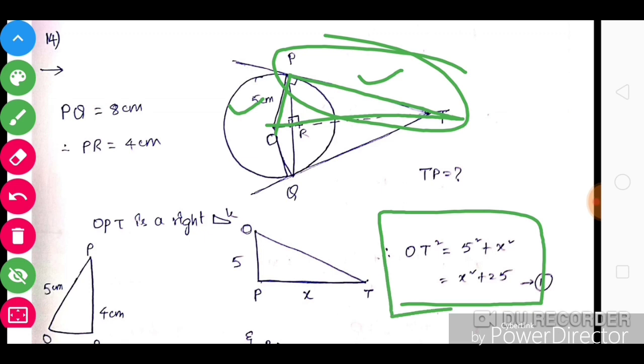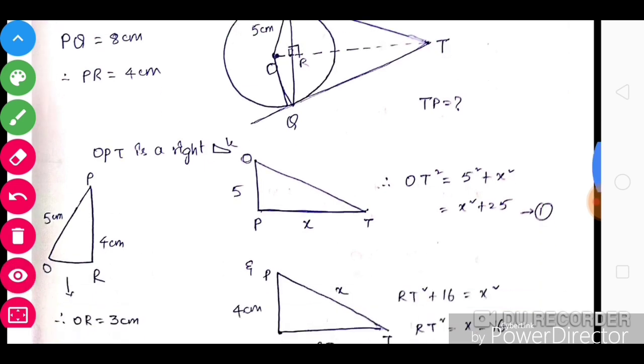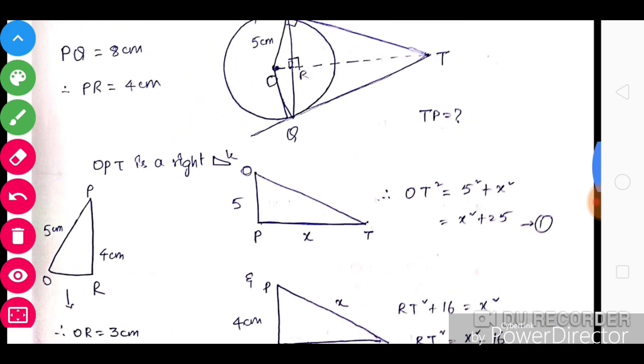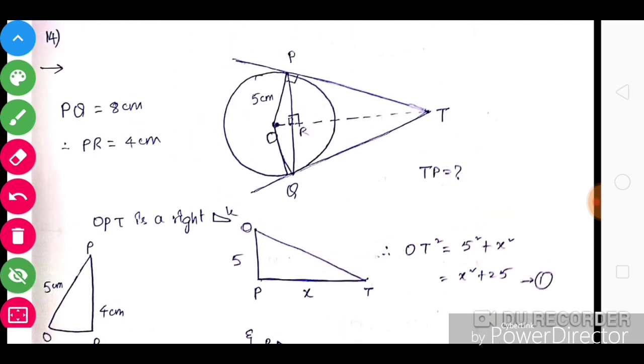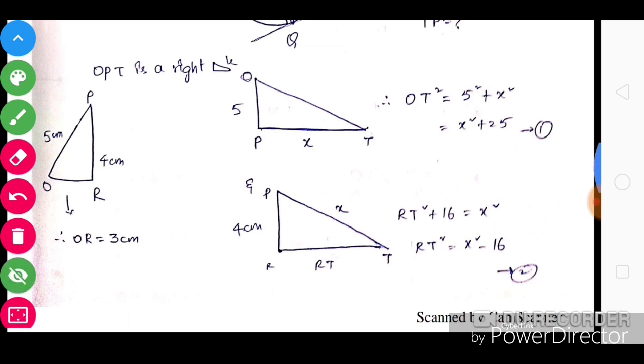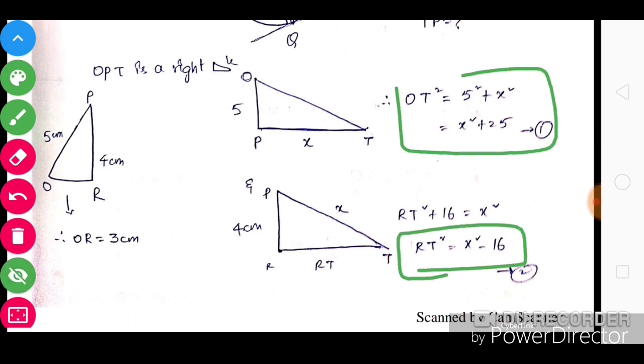Similarly from triangle PRT, opposite square plus adjacent square is equal to hypotenuse square, so we will get one more equation: RT square is equal to x square minus 16. Remember these 2 equations.